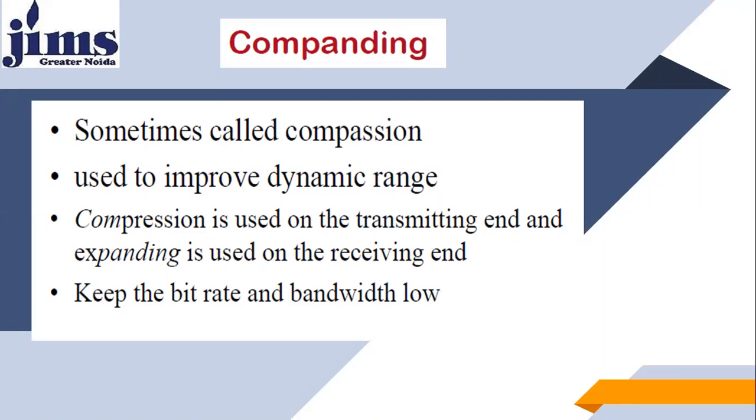So what we do, we artificially boost those sample levels which are low, and the voltage levels that are too high are shortened. In this way, all the voltage levels are at the same level, right? So the percentage error involved is also the same, right? This is all about companding.